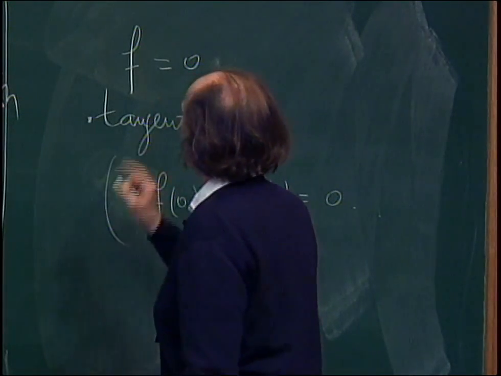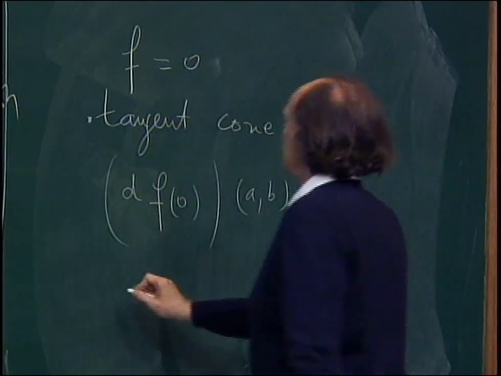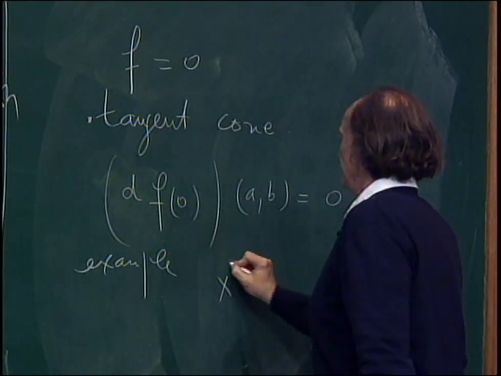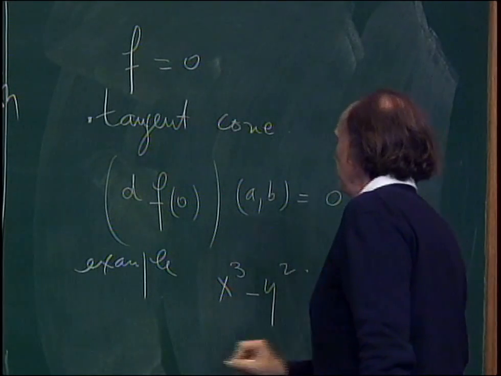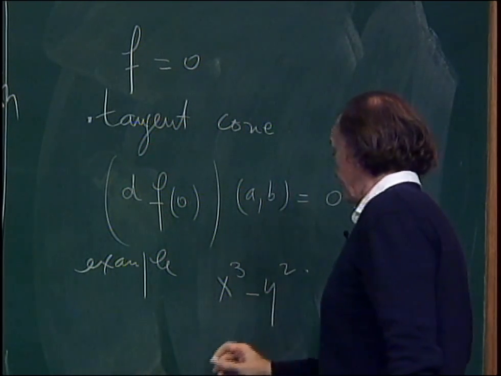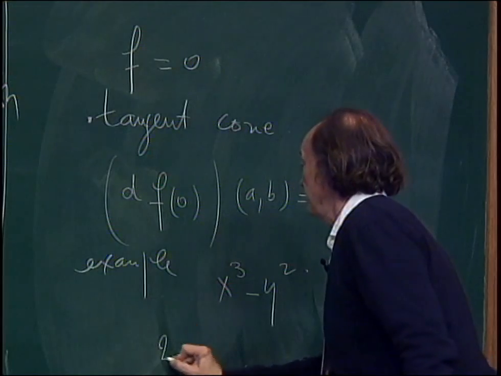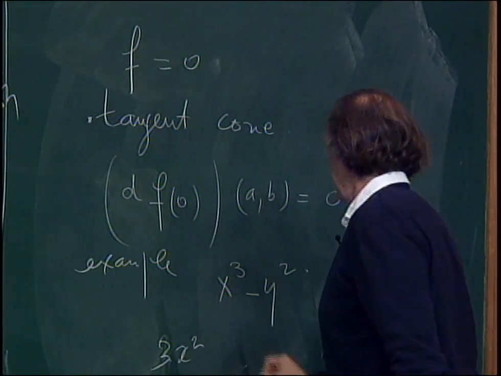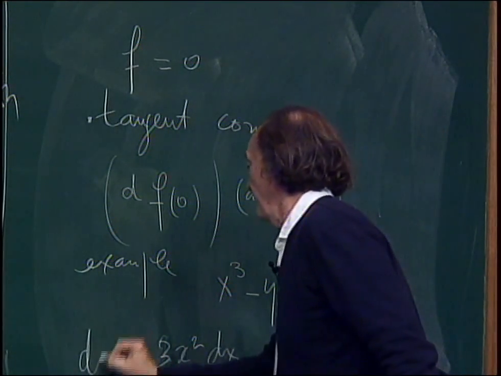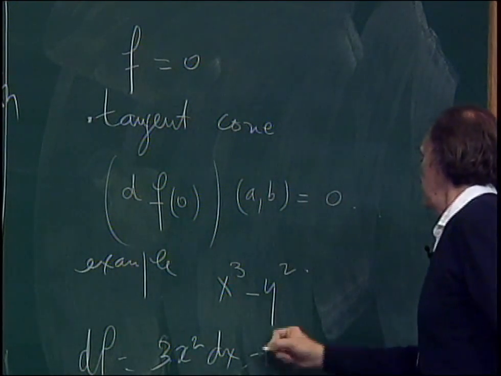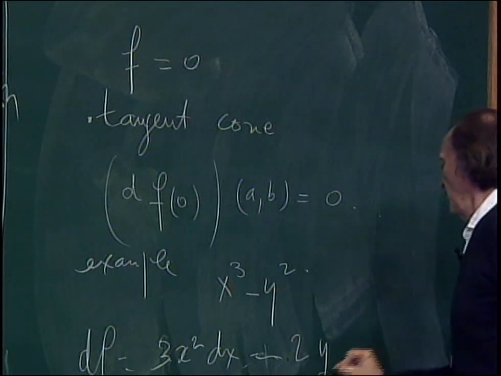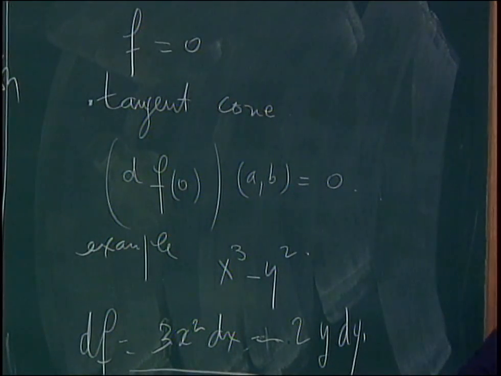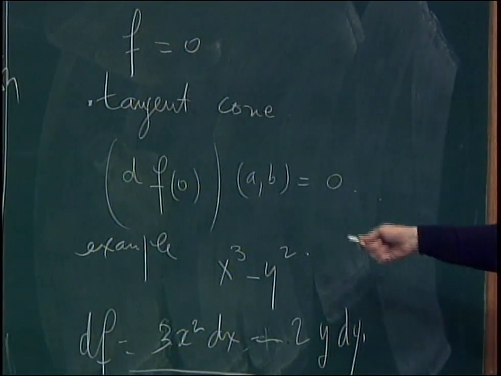And you can have also the case where, for example, f equals x^3 minus y^2. When you look at df at the origin, you get 3x^2 dx minus 2y dy, and this df at the origin is identically 0, not only at some direction.